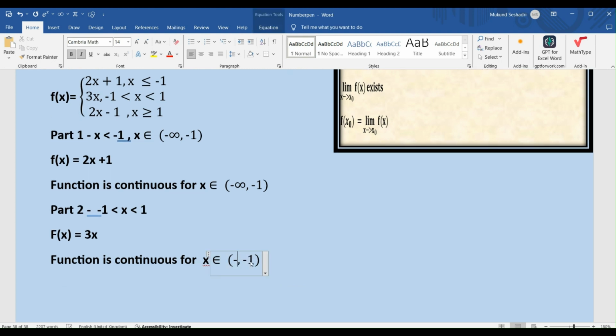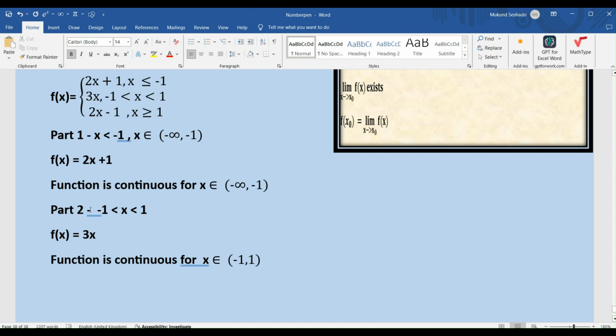I'm not explicitly doing that because I'm again drawing your attention to some of the basic continuous functions which we discussed earlier, be it a polynomial of the type ax plus b or x square, or the trigonometric functions, say sine x, cos x, etc. So I assume that you are pretty much familiar at this stage, and therefore I'm not going into examining the continuity of these linear functions.